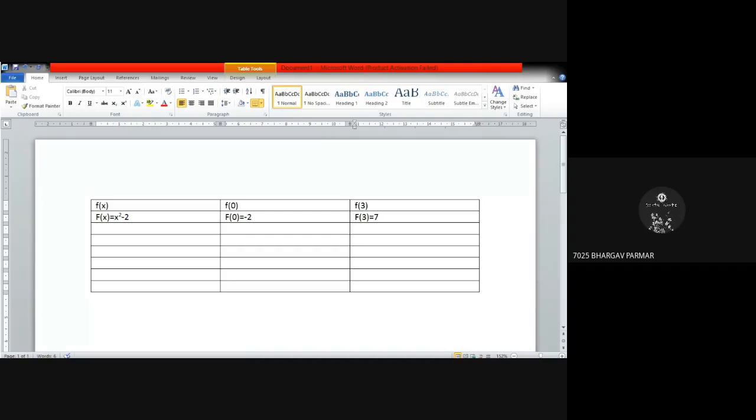Yes, ma'am. Will you all be able to give an example of a function? Yes, ma'am. Okay, so the first example will be given by Vrutti. Vrutti, give one example of a function and f of 0 and f of 3.